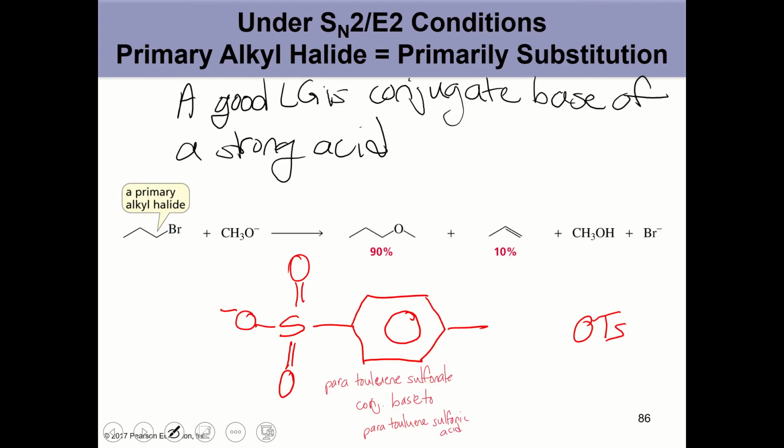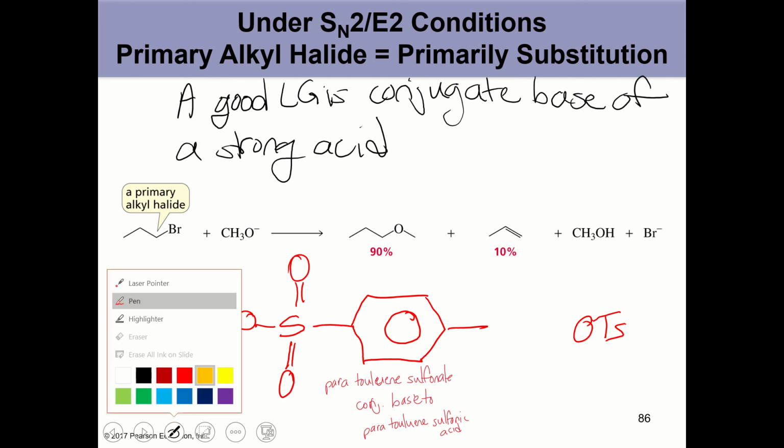Under SN2 and E2 conditions, we will have a strong base. Primary alkyl halides primarily favor substitution. So we show a primary alkyl halide, 1-bromopropane, plus a strong base, negatively charged methoxide ion.